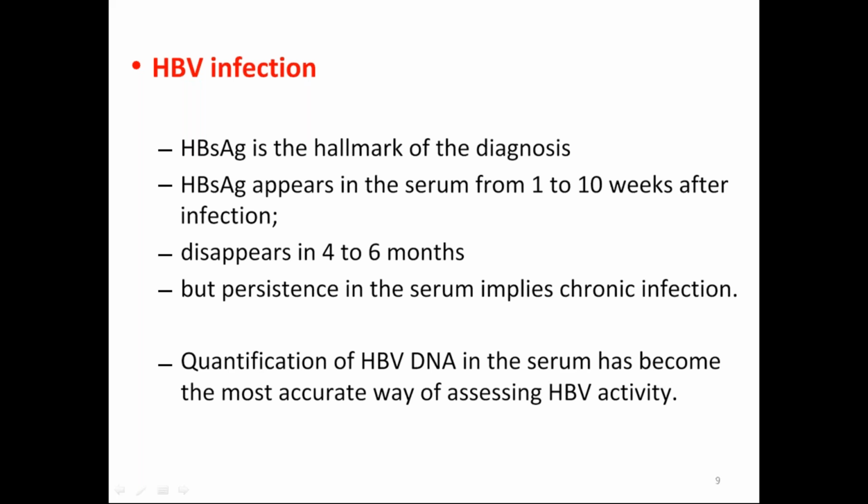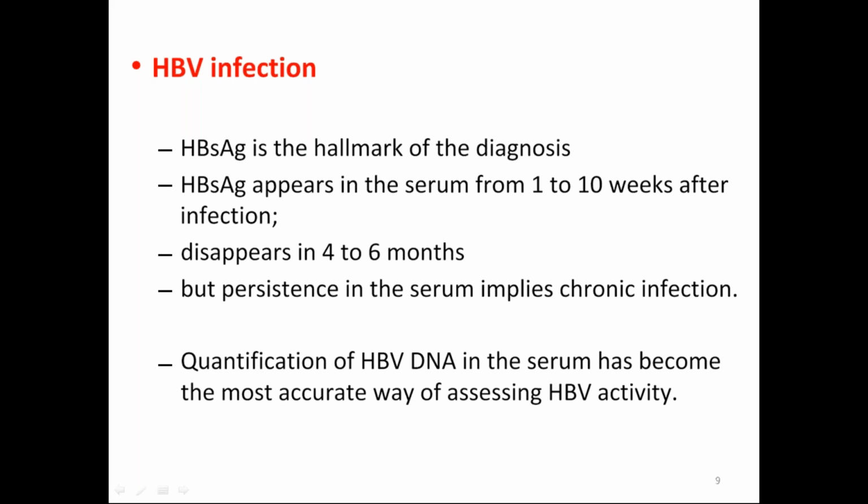Coming to HBV infection, that is hepatitis B virus, the hallmark for identification is the HBsAg antigen. This is the hallmark for diagnosis. It appears in the serum from 1 to 10 weeks after infection and disappears after 4 to 6 months.